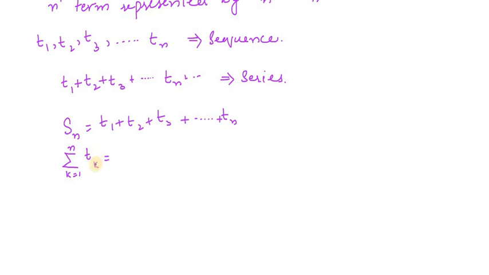When we put the values of k from 1 to n, we get the series T1 plus T2 plus T3 and so on up to Tn.